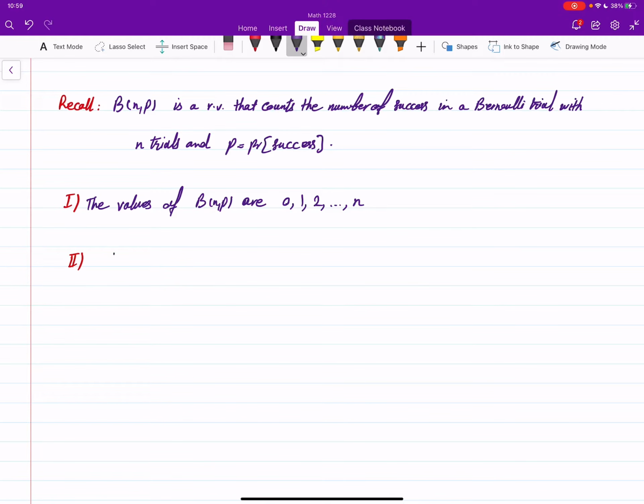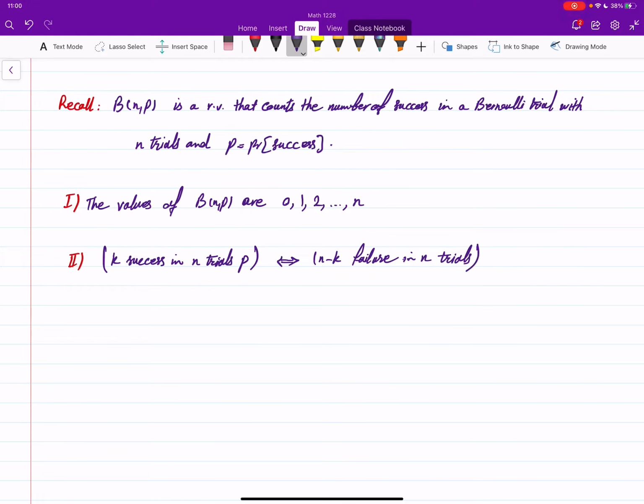So always k successes in n trials with p, well, if you get exactly k of these n trials as success, then this means that we have n minus k failures in n trials.